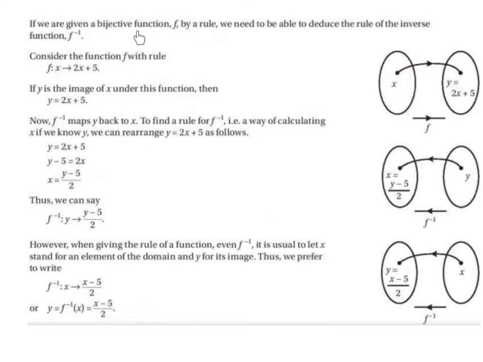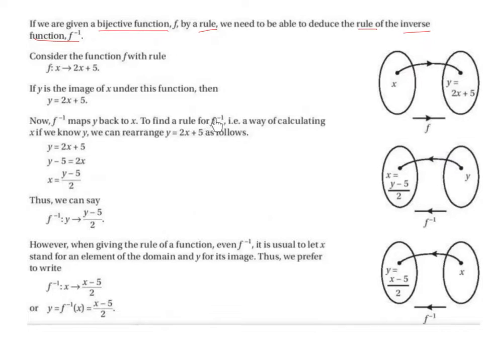If we are given a bijective function, f, by a rule, we need to be able to deduce the rule of the inverse function. Consider the function f with the rule f of x equals 2x plus 5. If y is the image of x under this function, then y equals 2x plus 5. Now, the inverse of f maps y back to x.